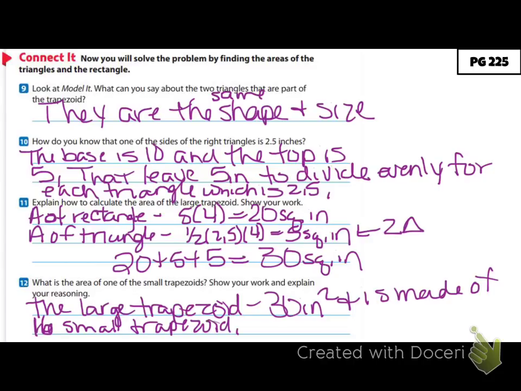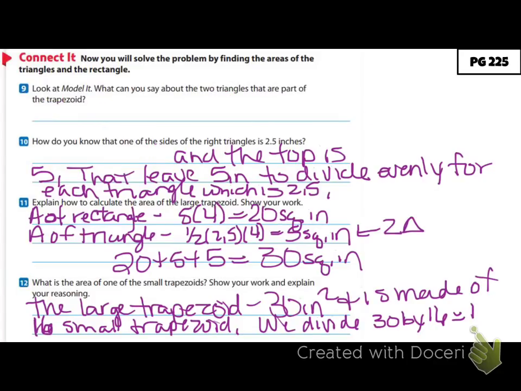So to find the area, we divide 30 by 16. And we get 1 7/16 square inches.